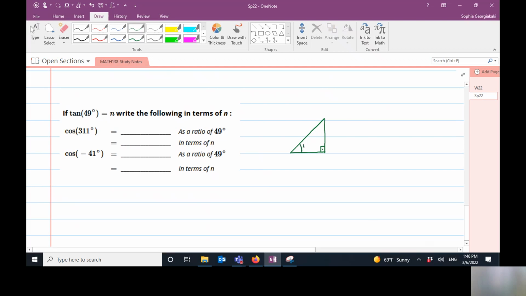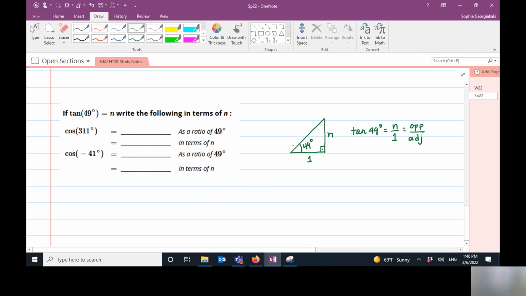So if I assume that this is 49 degrees, they told me that the tangent of 49 degrees is equal to n, and I'm going to write it as a fraction, n over 1. And I know from right triangle trigonometry that the tangent will be the opposite over the adjacent. And that means that the opposite is n and that the adjacent is 1.